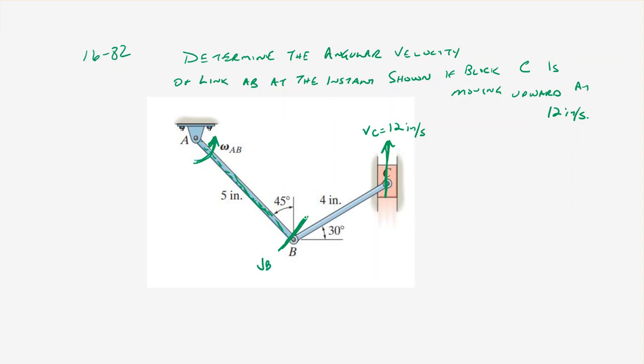And it would be actually working this direction, because if omega is swinging this way, then the velocity is going this direction. But the key here is it's perpendicular to here. Okay. Now, what I'm trying to do is to figure out where the instantaneous center of zero velocity would be.